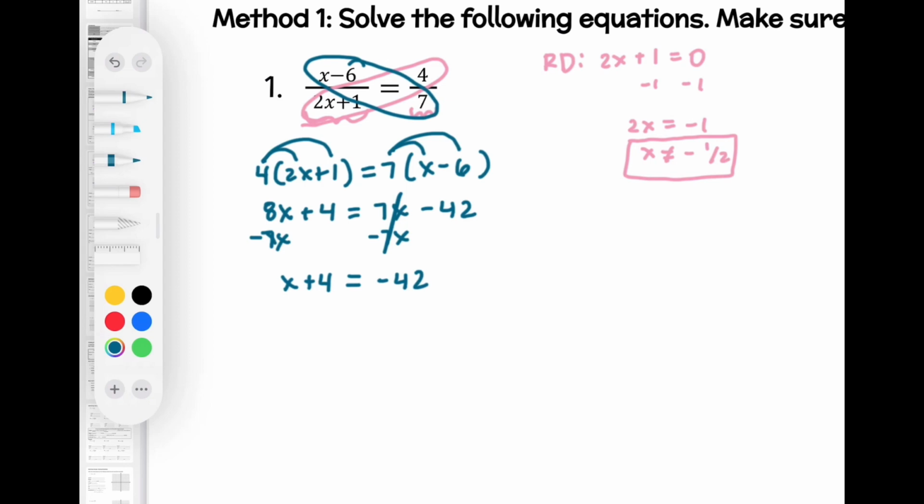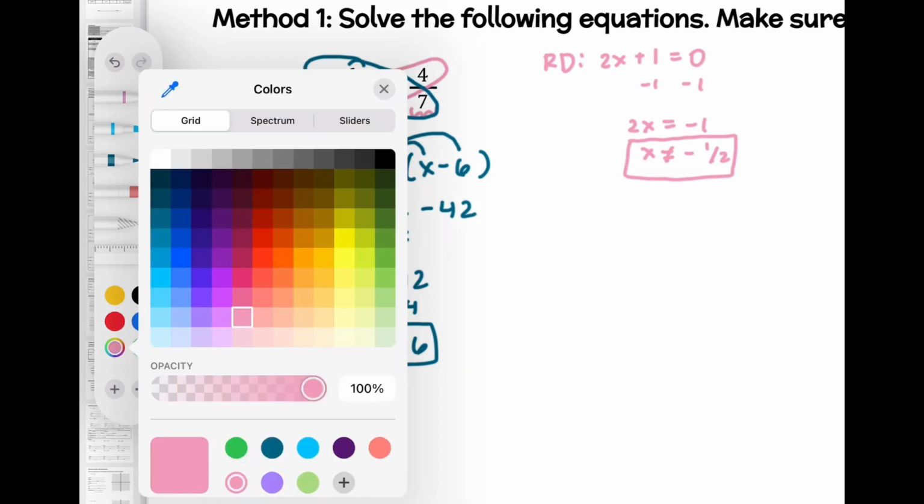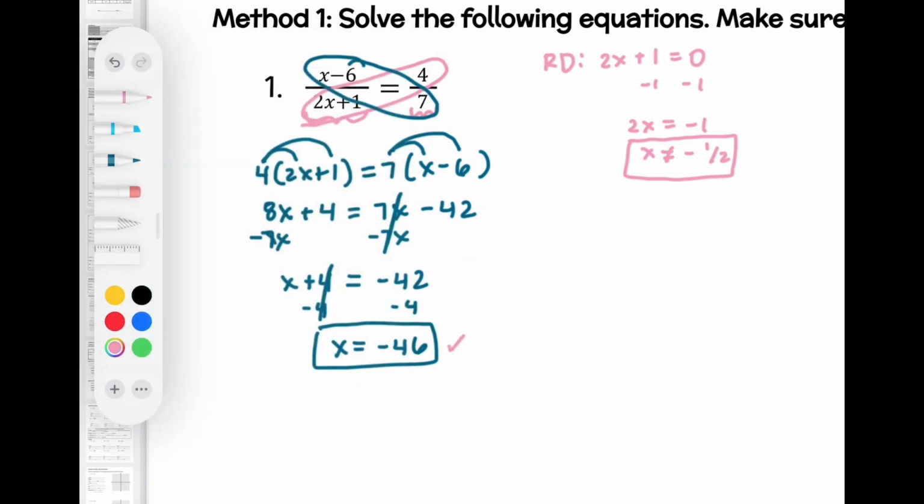Then we still have that plus 4, so I'm going to subtract 4 from both sides, and we get x equals negative 46. Make sure to check that against the restricted domain we found. We said x can't equal negative 1/2. Negative 46 is not negative 1/2, so we are good to go. That's an appropriate solution.